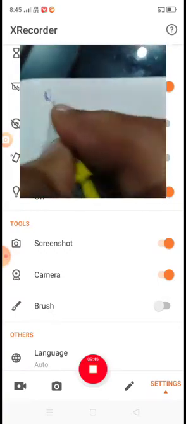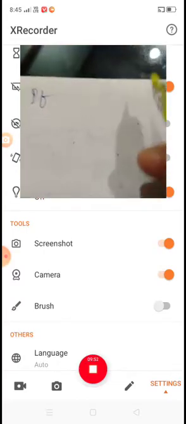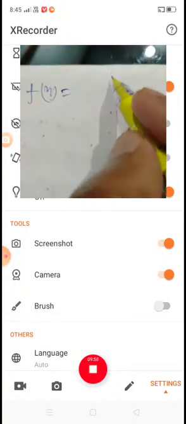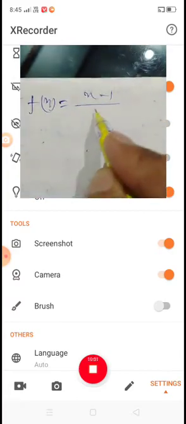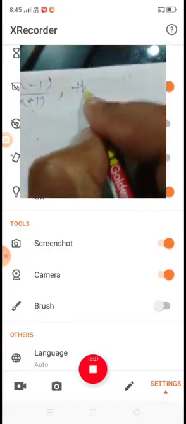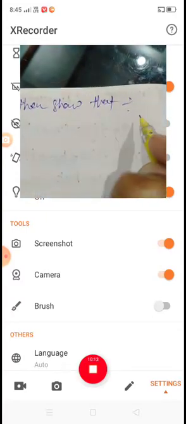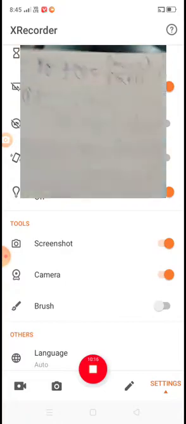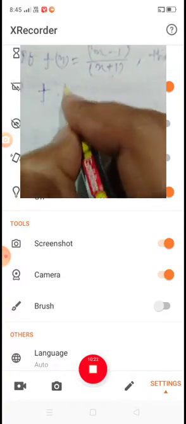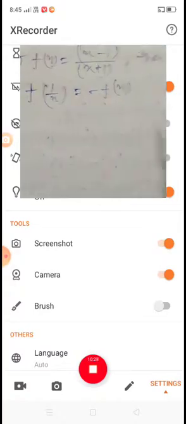Let's see the question. Your question is, if f of x is equal to x minus 1 upon x plus 1, then show that first point, f of 1 upon x is equal to minus f of x.